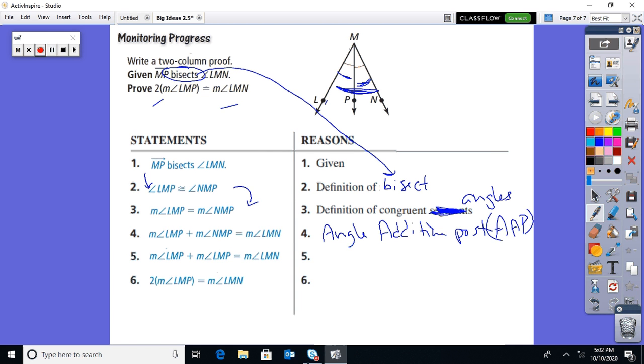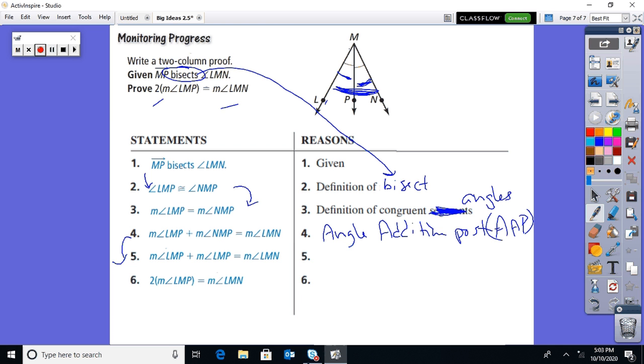All right, so then how do we go from 4 to 5? Well, LMP plus NMP equals the whole thing. So again, I took a little angle, added it to the other little angle, equals the whole big angle that's inside of it. And then they're going from step 4 to 5, LMP plus LMP. Oh, all right. Well, how are we doing that? What is allowing us?